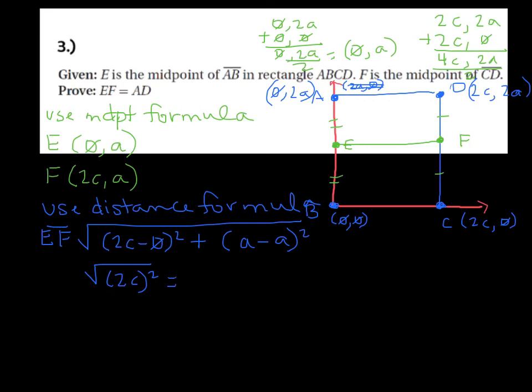So I know that the square root of 2c squared would have to be 2c, which is how long EF would be, right?